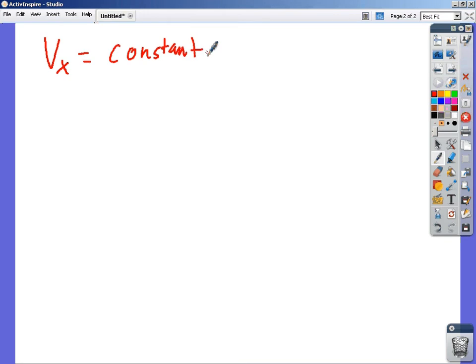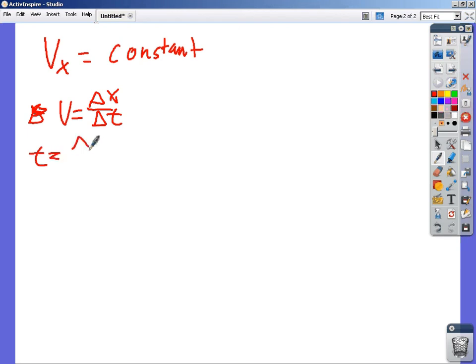We can also use the x velocity to help us find another thing: time. So we can say that velocity is equal to delta x over delta t. If you know what your velocity is here, then time is equal to delta x divided by your velocity.